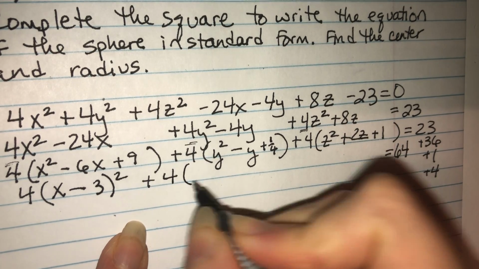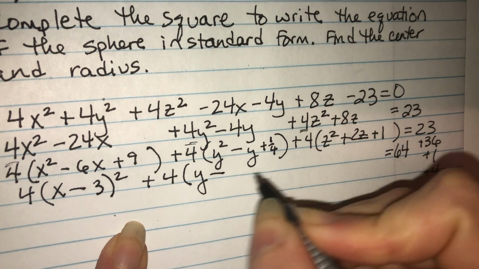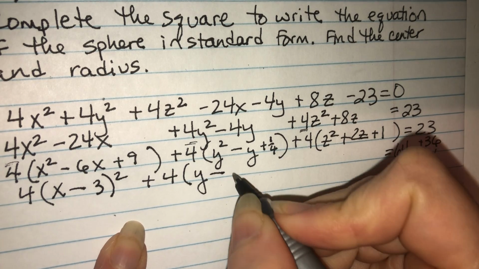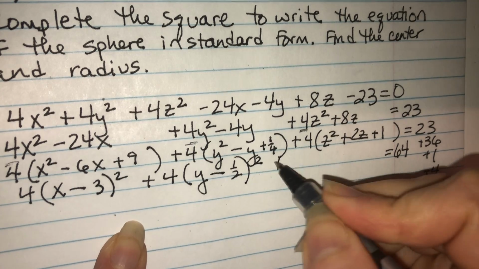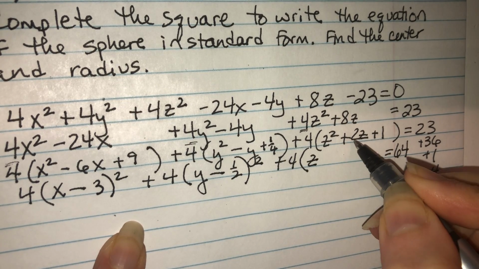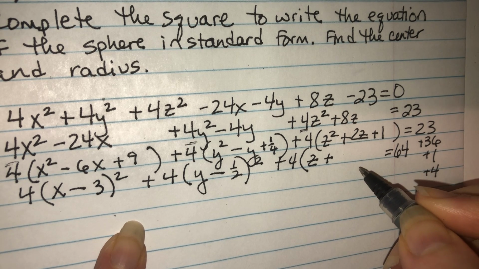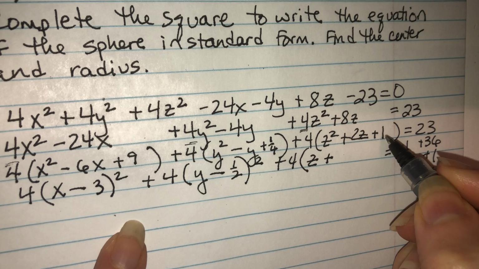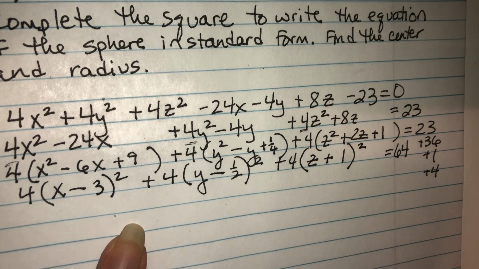Okay, so we're going to do the same thing here. Plus 4 times square root of y squared is y, sign of the middle term is negative, square root of 1/4 is 1/2, quantity squared, plus 4 times square root of z squared is z, sign of the middle term is plus, square root of the constant term is 1, close the parentheses, squared.